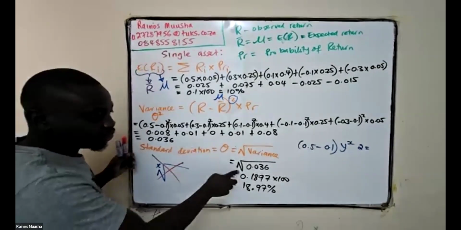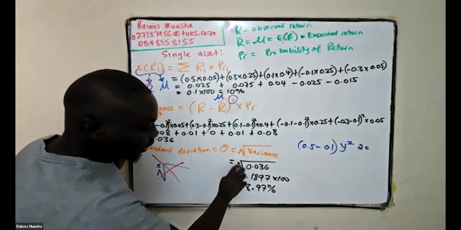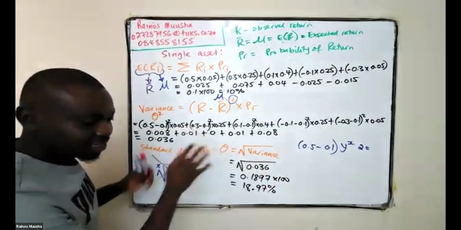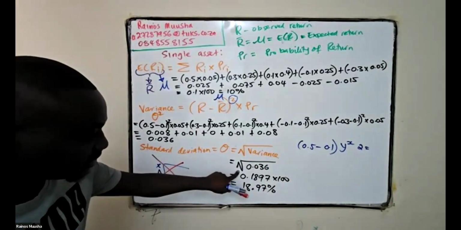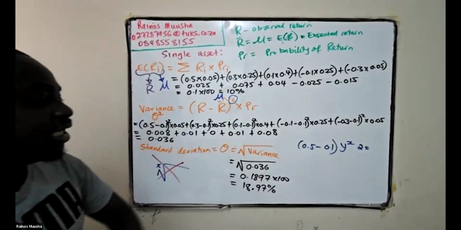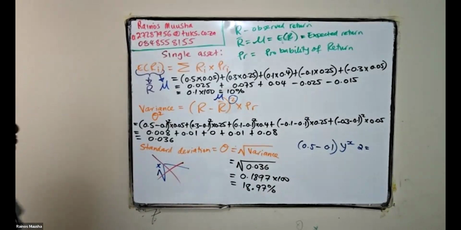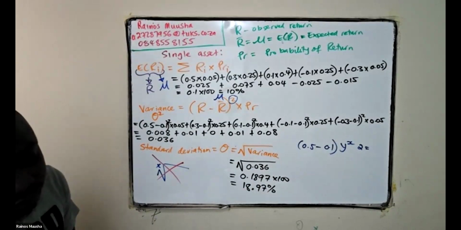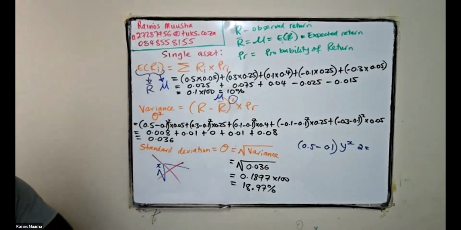Then when you press that button, you say 0.036 equals, and you get your answer. Then you need to multiply that by 100 to make it a percentage, because your calculation is in decimal, so your answer is also in decimal.